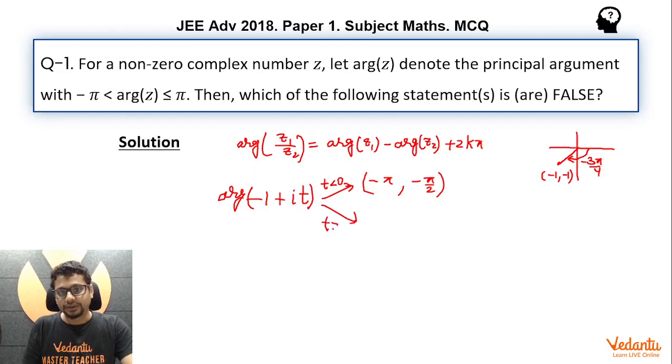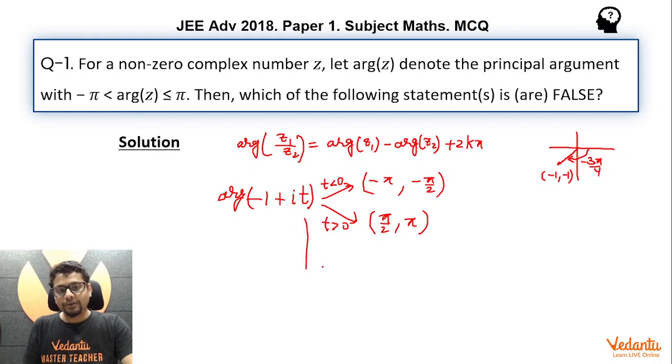If t is positive, then minus 1 comma t, the point representing it, would be in the second quadrant, because the real part is negative and the imaginary part is positive. So the argument will be between pi by 2 to pi.